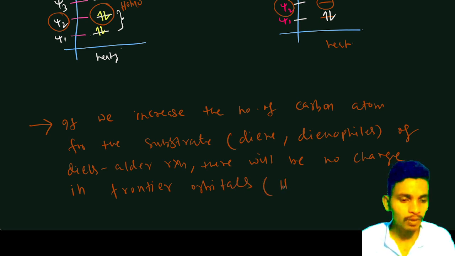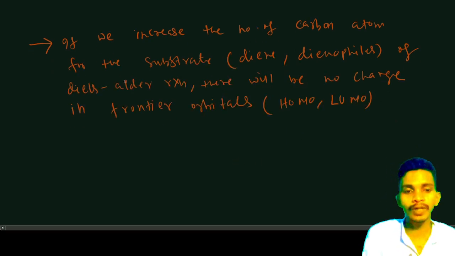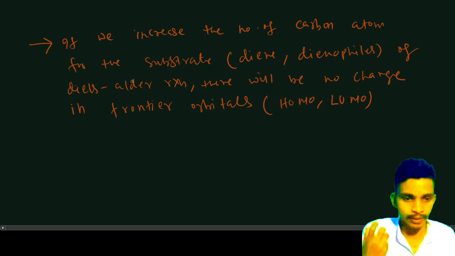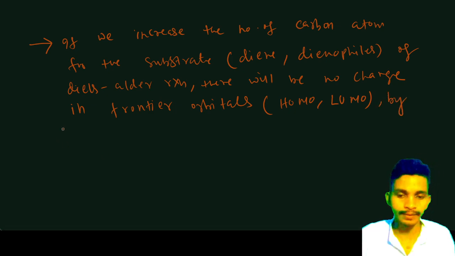Frontier orbital means HOMO or LUMO, but note that this is by heating. Okay, so if we increase the number of carbon atoms for the substrate, that is diene and dienophiles of Diels-Alder reactions, there will be no change in frontier orbitals, HOMO or LUMO, by heating.